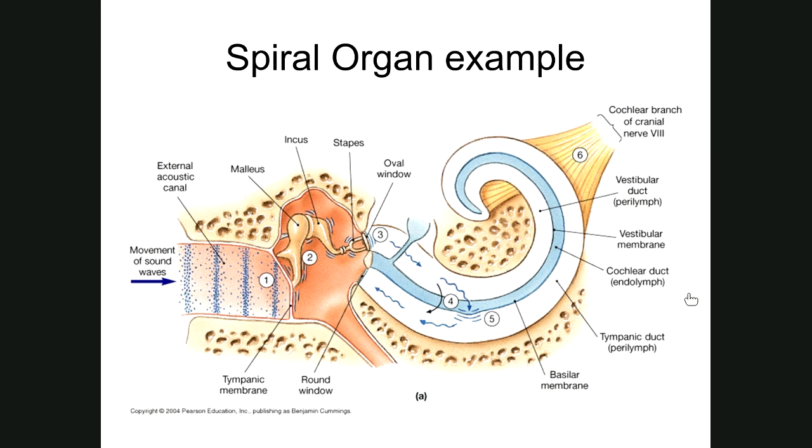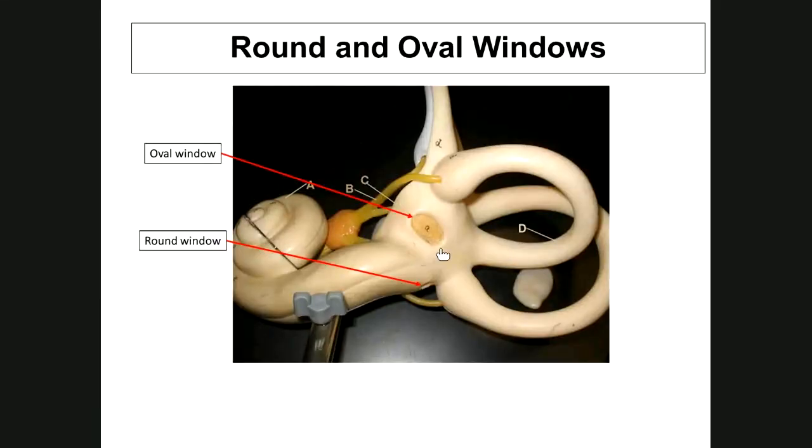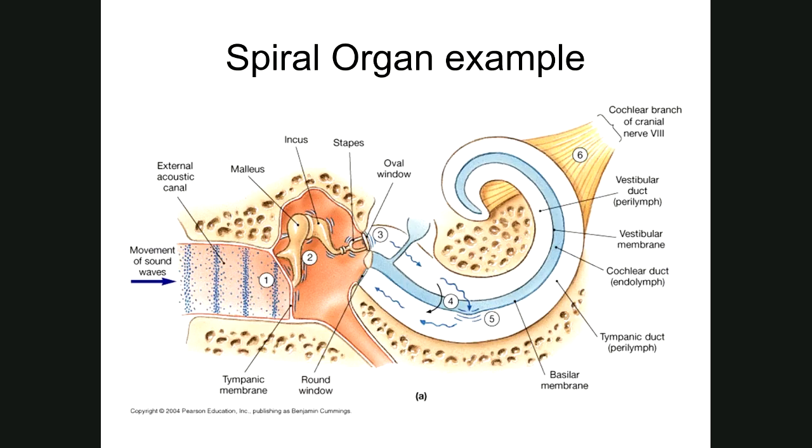Now I have a picture that I put in here again. It's not in your regular slide set, but this one right here. There is your oval window, it's oval, and there's the round window. It is actually round, and it has a tympanic membrane on it that acts as a pressure relief valve, because you know that fluids can't be compressed, right? So when the stapes is pushing on the fluid, the perilymph in the vestibular duct, the pressure has to be relieved somewhere.